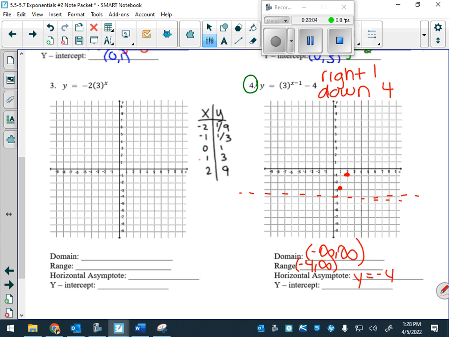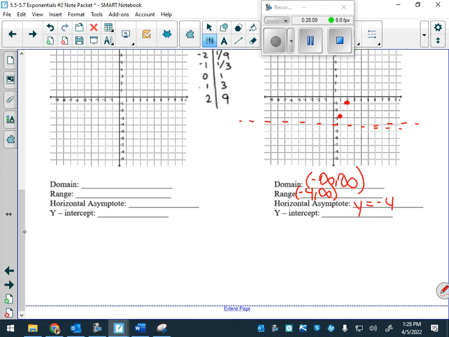Did anyone find out the exact y-intercept? Louise? Excellent. -11 over 3. Because if you do 3 to the 0, was it -1? Then -4. You have 3 to the negative first, -4. So you have 1/3.